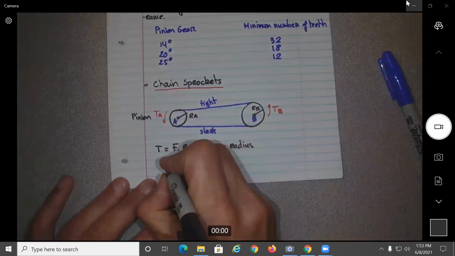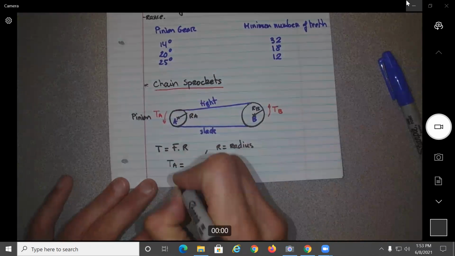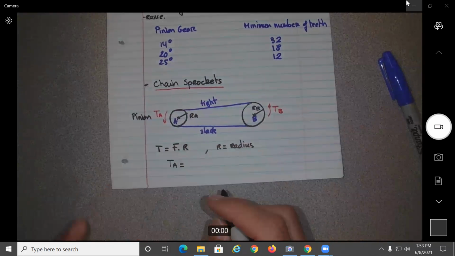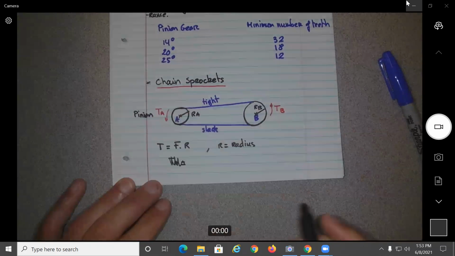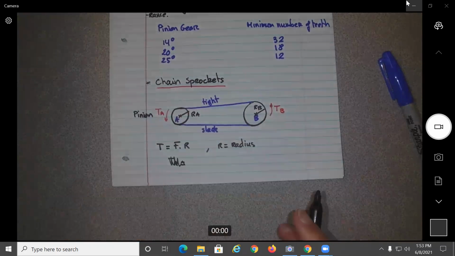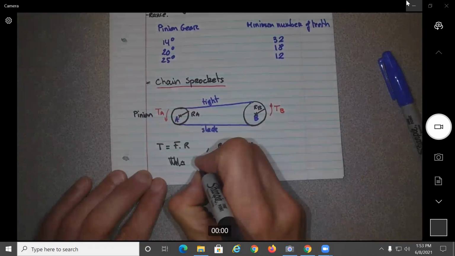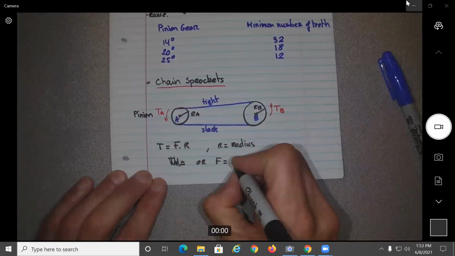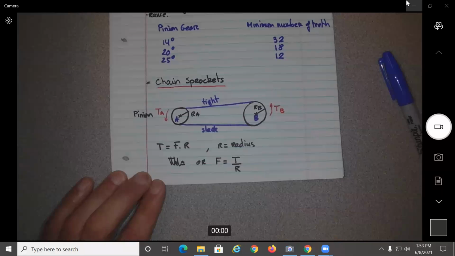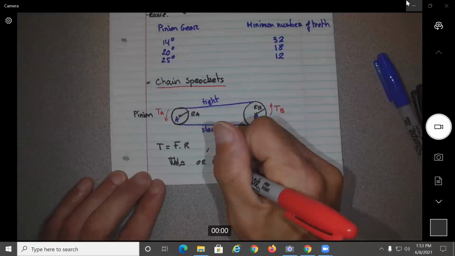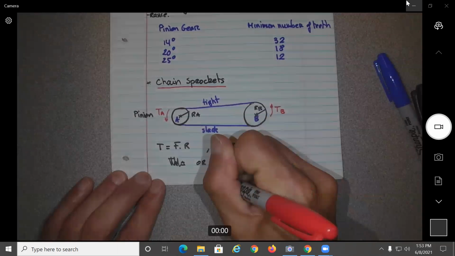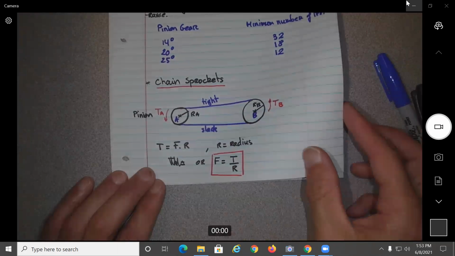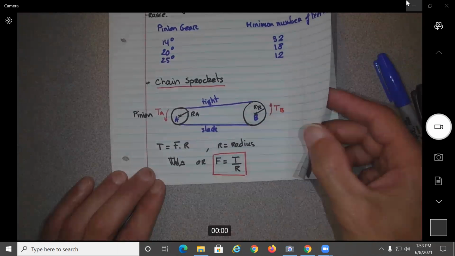What will you have? We have to do another figure, so let me go to another page. The force created would be equal to the torque divided by the radius. All this is basic equations.